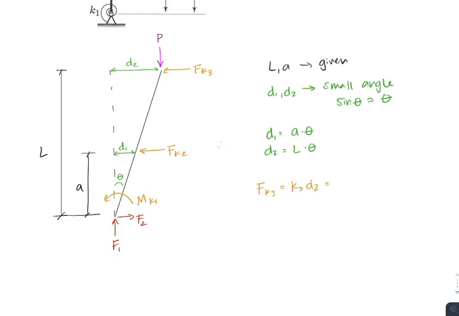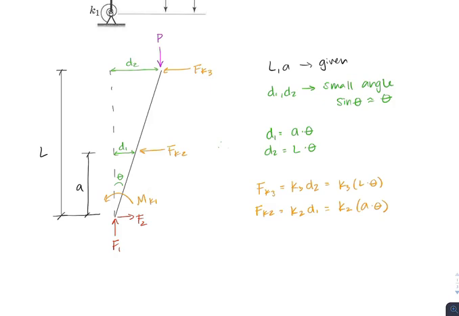So if we plug in D2, we get that FK3 is going to be equal to K3 times L times theta. If we do the same thing, force in K2 is going to be equal to K2 times D1, which is equal to K2 times A times theta. So now the only thing we have left to solve is our moment.